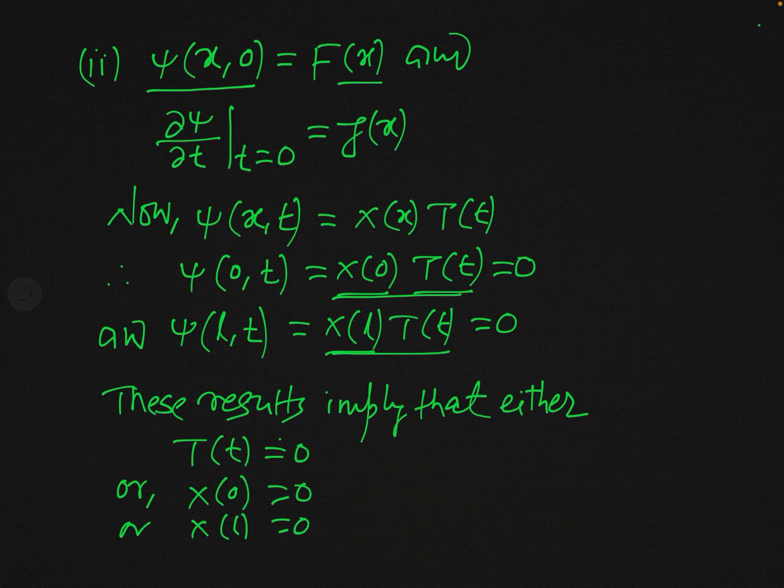So from these results we conclude that either T of t will be 0, or X of 0 is 0, or X of L is equal to 0.